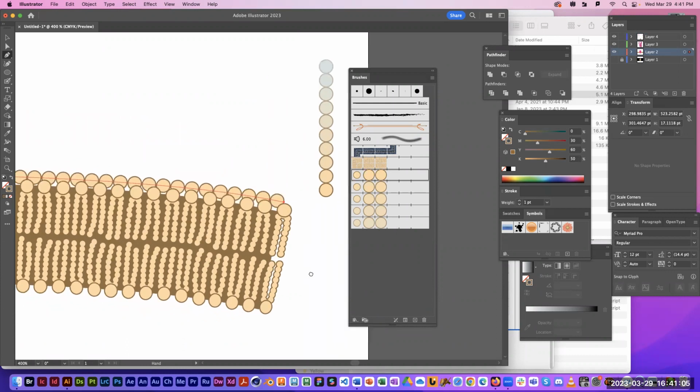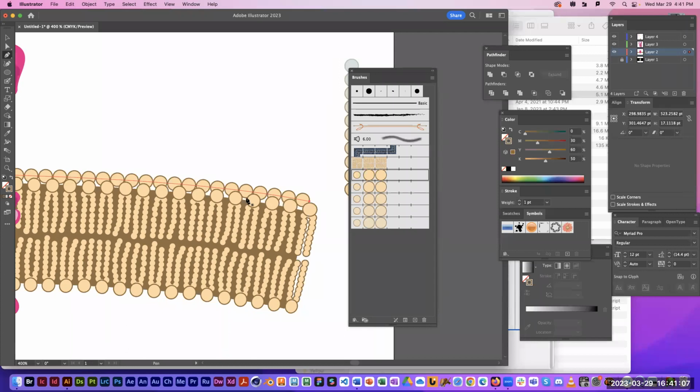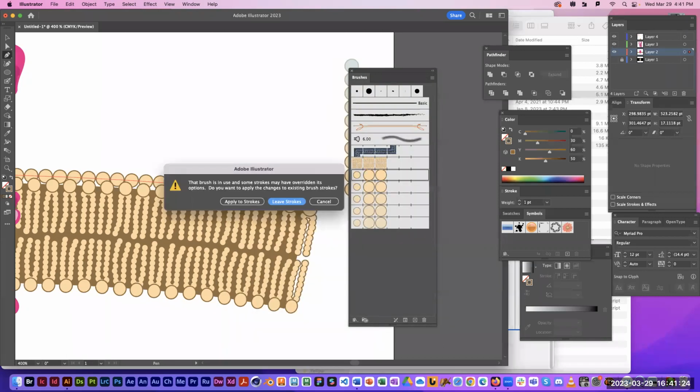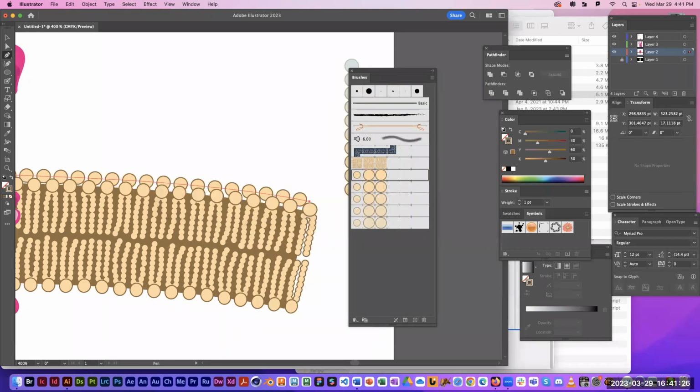And once again, I don't like the fact that the phosphate heads on the lipid bilayer in the foreground have a gap between them, whereas the ones in that other path are touching. So I have to just double click on it, put some space between them, like 20%, something like that. And I'm going to have to do that with all of these.